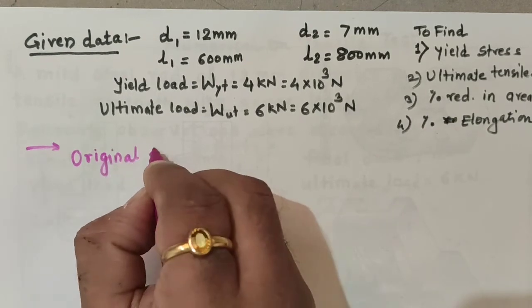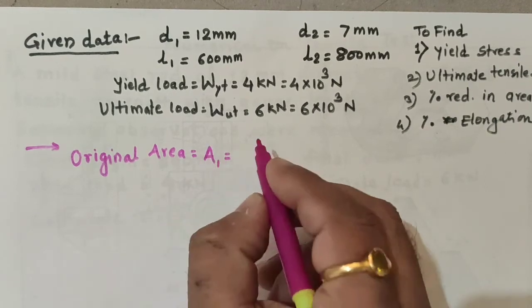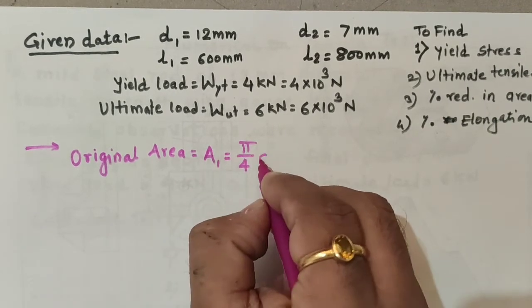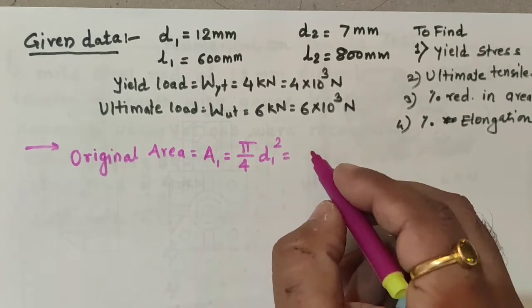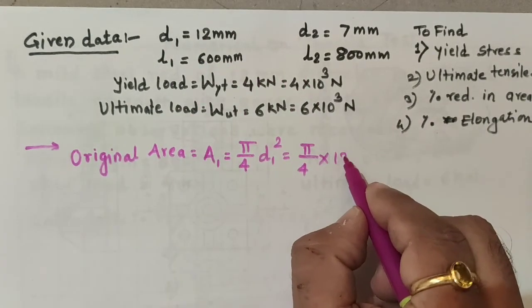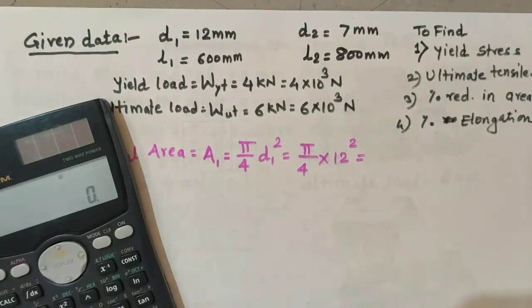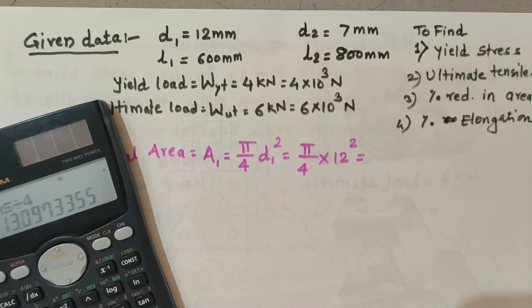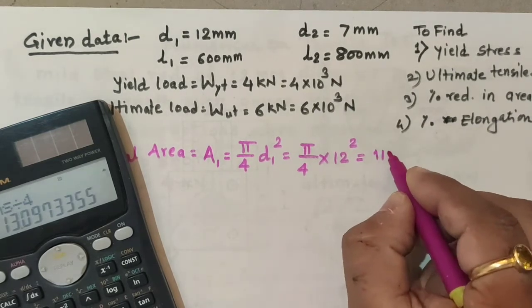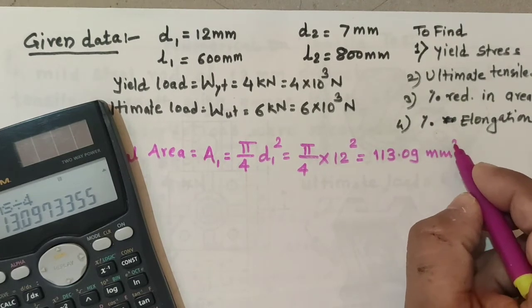So the original area of the specimen is A1, that is pi by 4 D1 square. So it is pi by 4 into, now diameter is 12 mm initially, so 12 square. By calculating, 12 square into pi divided by 4, we'll get 113.09 area in mm square.